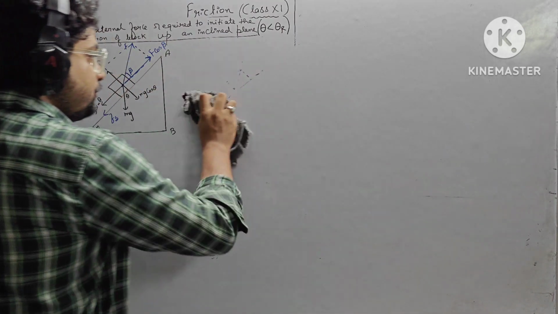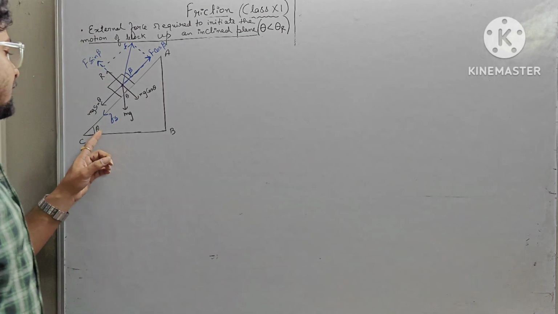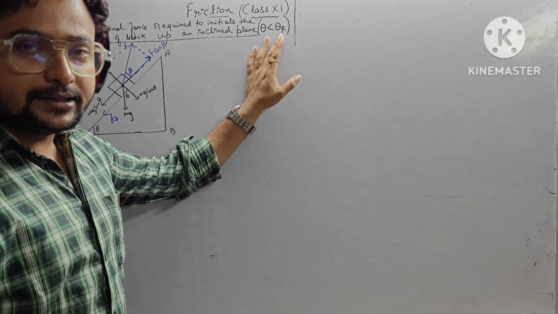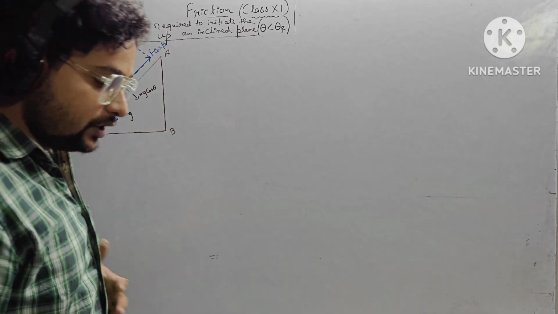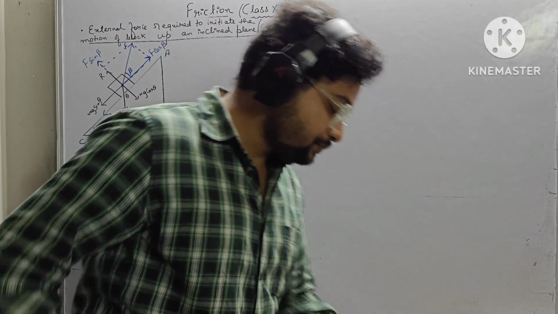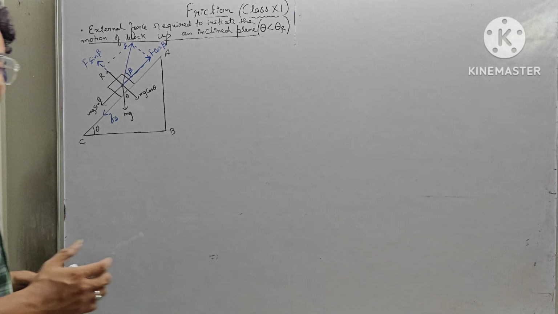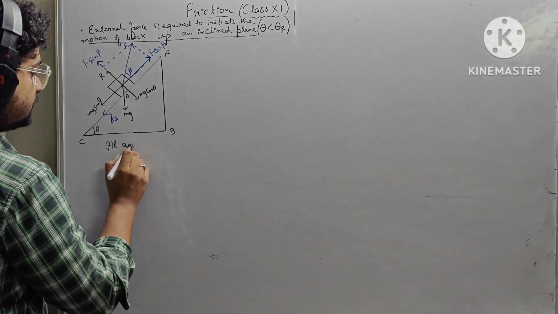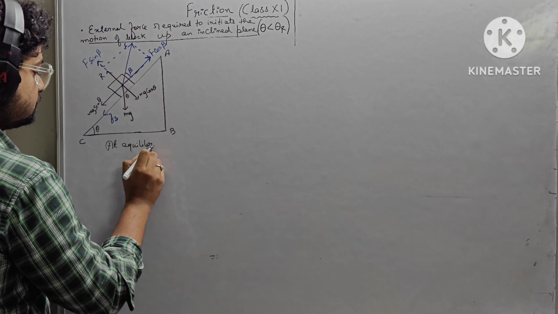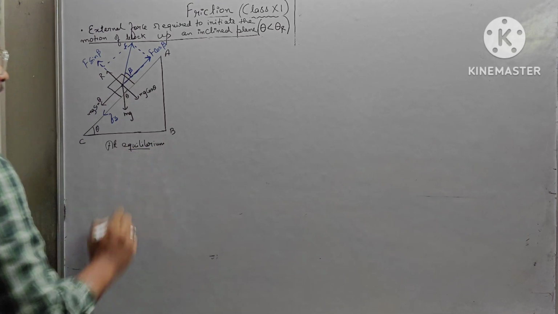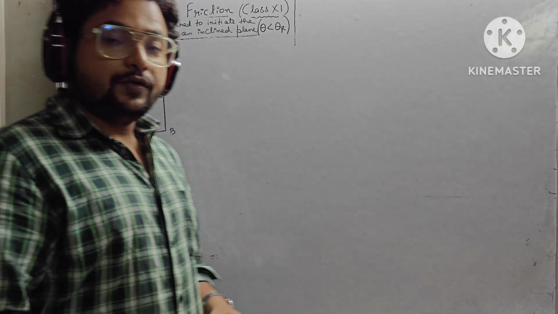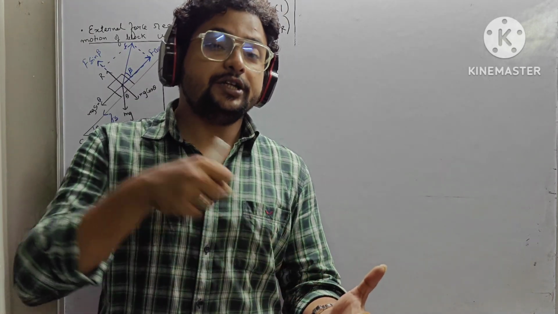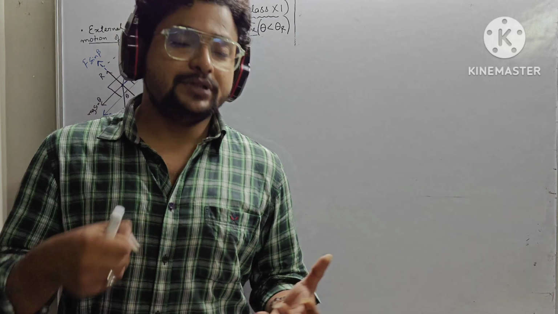Now let us solve. Theta is the angle of inclination, and theta is less than theta r, that's why the block is not falling down. So at equilibrium, students, I am just going to find the force required to initiate the motion, to pull the block up the inclined plane.